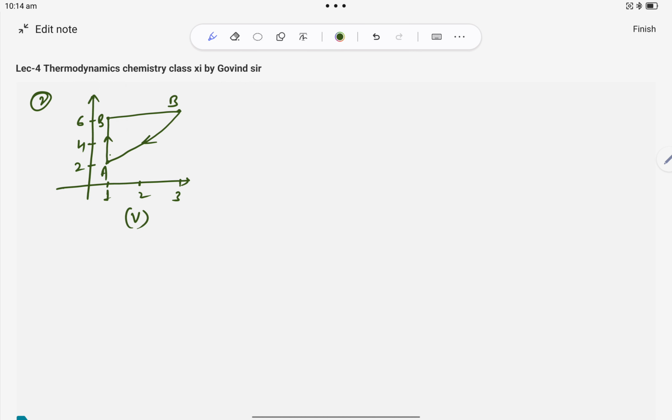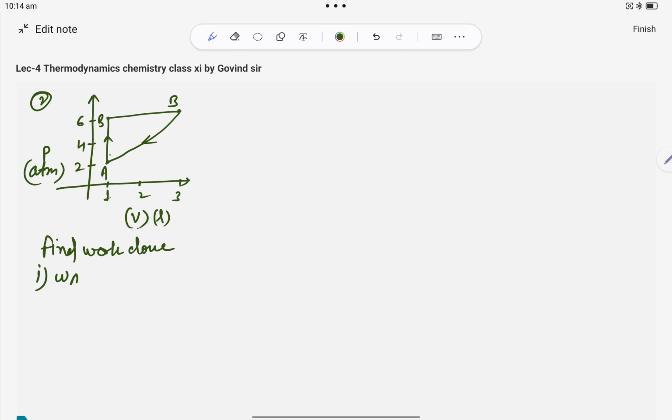This is volume and this is pressure. Volume is in liter, pressure in atm. Question is, find work done.